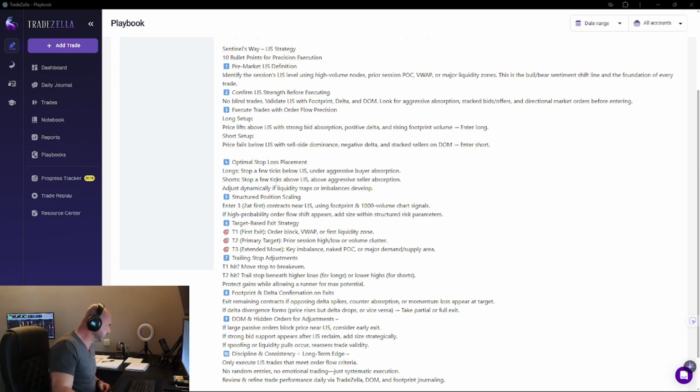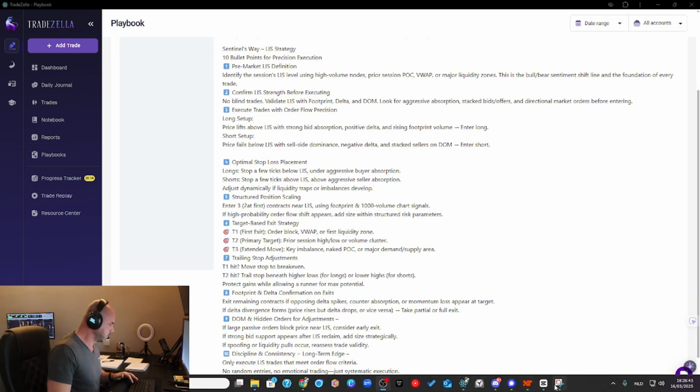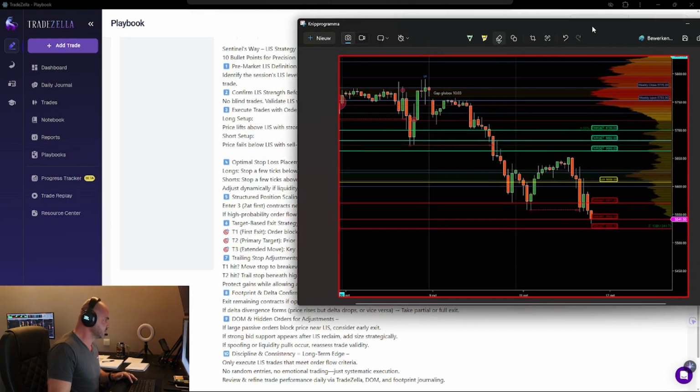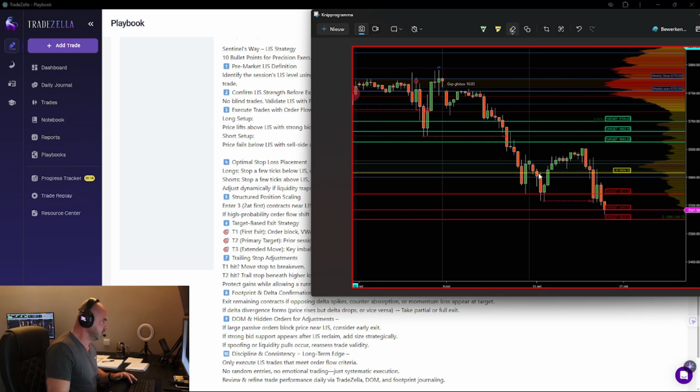So, guys, we have this structured position scaling. This is really important. We're going to make it so that we hit 2 targets at first. If your account can take 3 targets, you can take the 3 targets. Just in case of a long, for example, you want to take 2 contracts, target 1 and target 2.